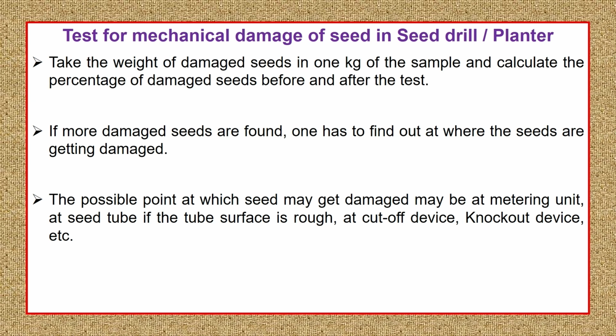Cutoff devices tend to wipe off extra seeds, and that's where seeds may get mechanically damaged. Knockout devices work on removing the seeds out of the cell at the delivery spout, and for that they articulate the seed drill metering plate, or they may impose some mechanical force on the plate to eject the seed out of the cell, and in such cases also the seed may get damaged.